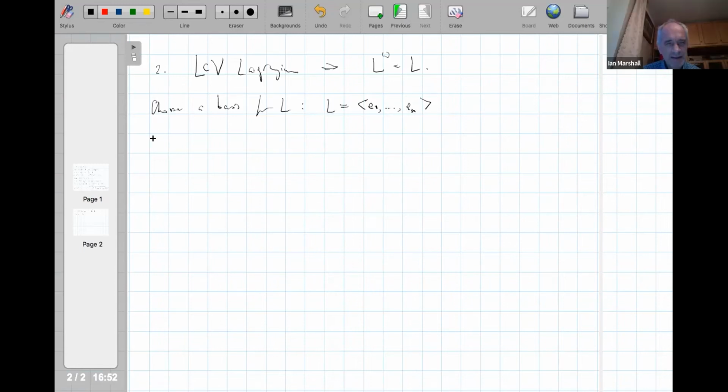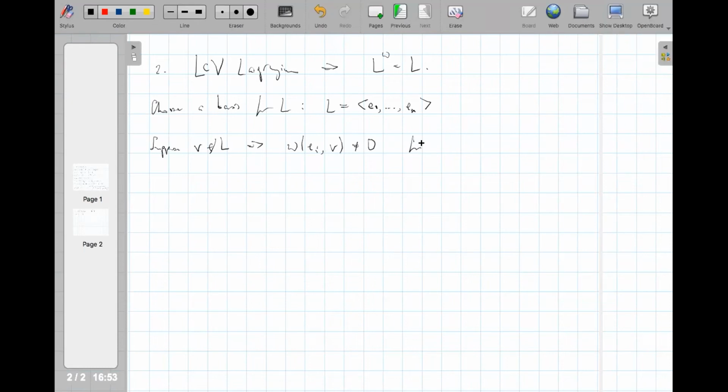Suppose v is not in L. That implies that omega(Ei, v) is not equal to 0 for some i. Of course, it's not the easiest way.